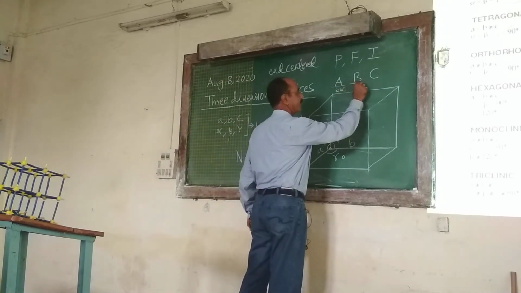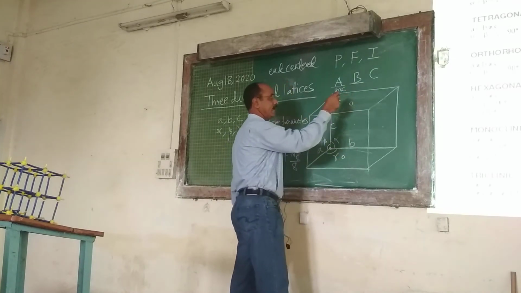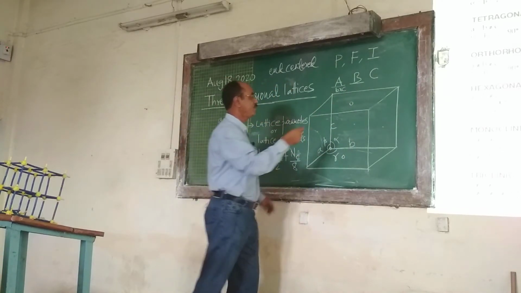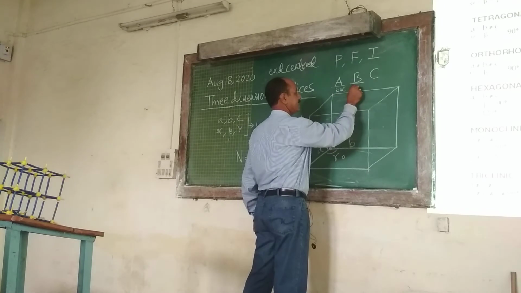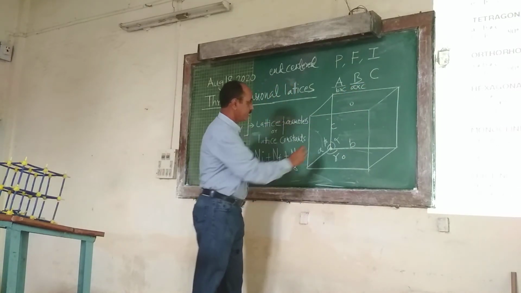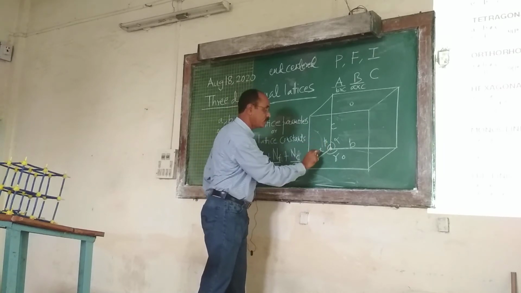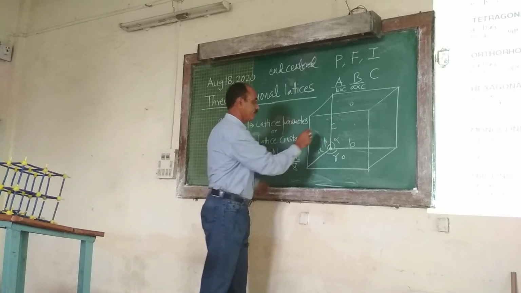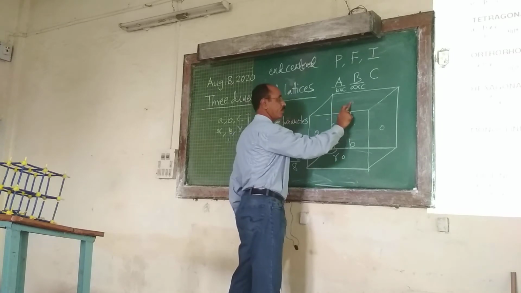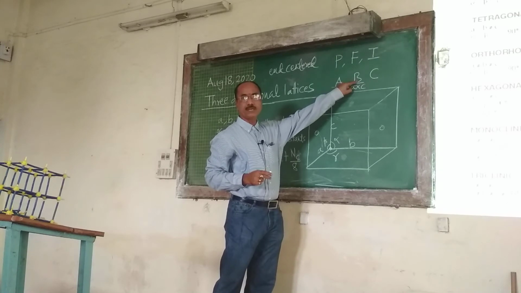Similarly, B type of end-centered unit cell has a lattice point at a face defined by A and C. This is the face defined by crystallographic axes A and C. If this face contains a lattice point and its opposite face contains a lattice point, then it is called a B type of end-centered unit cell.